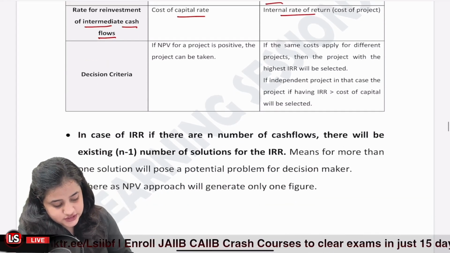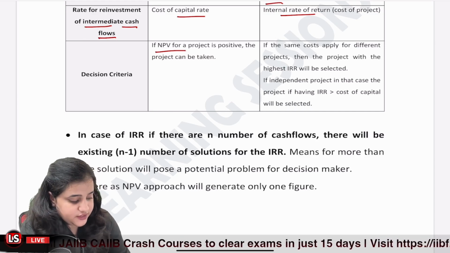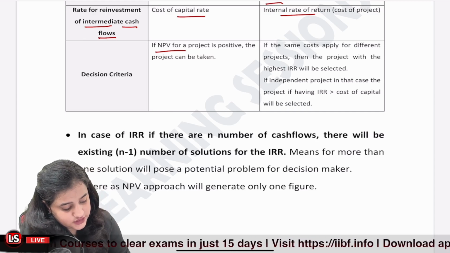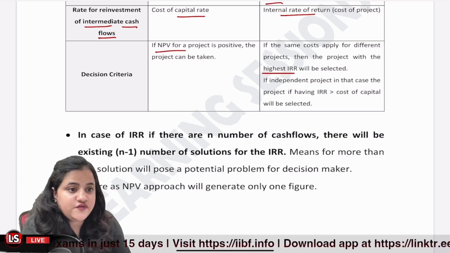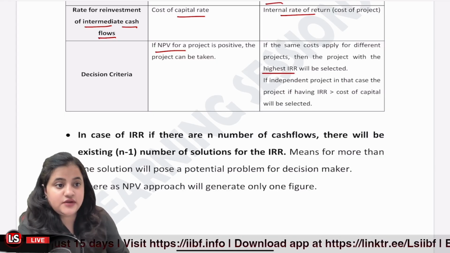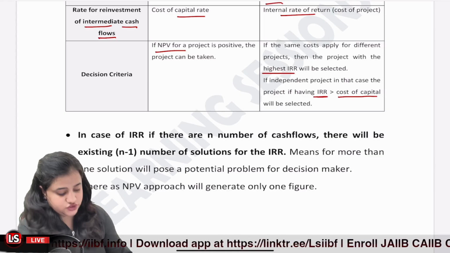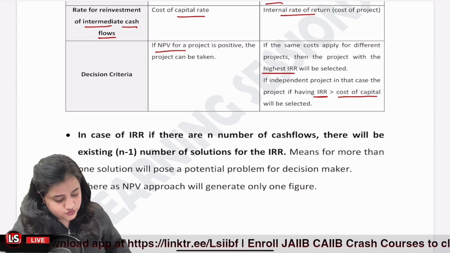How do we take a decision? If NPV is positive for a project, we take the project. But for IRR, we choose the project with the highest IRR. And if there is only one project, then we take the project if IRR is higher than the cost of capital. Okay. So that is the comparison between the two methods.